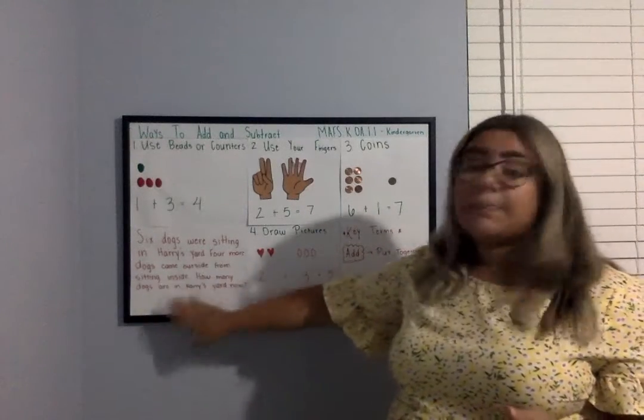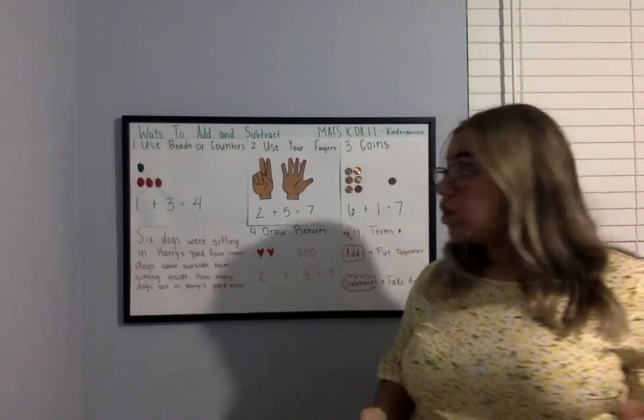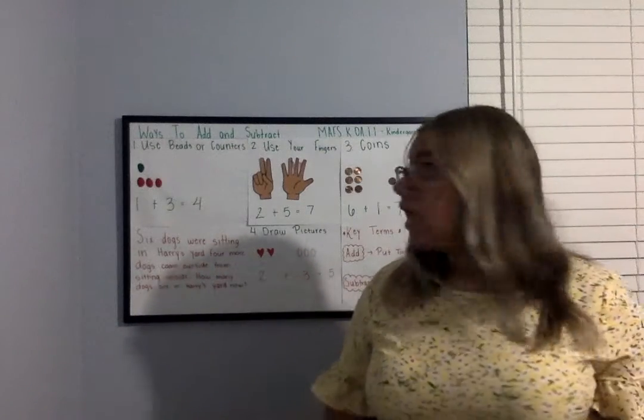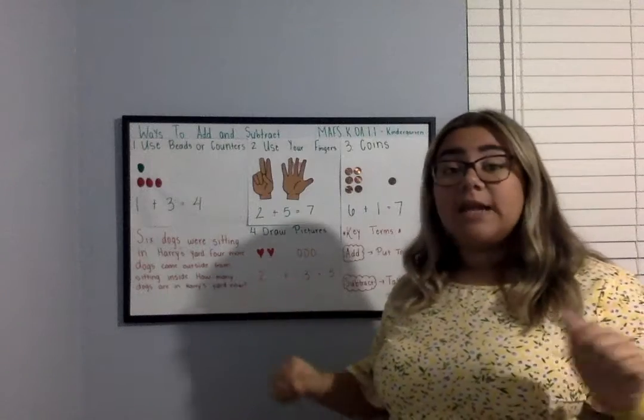Now for our word problem, this is a great one to have students act out. So for this one, you can have 6 students sitting in the front of your classroom, and then you can have 4 more dogs or students sitting at their desks.